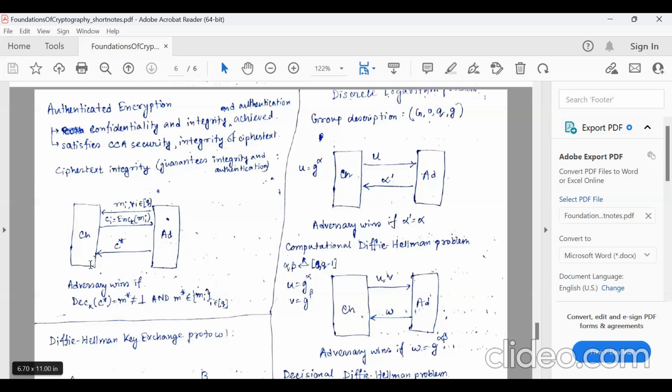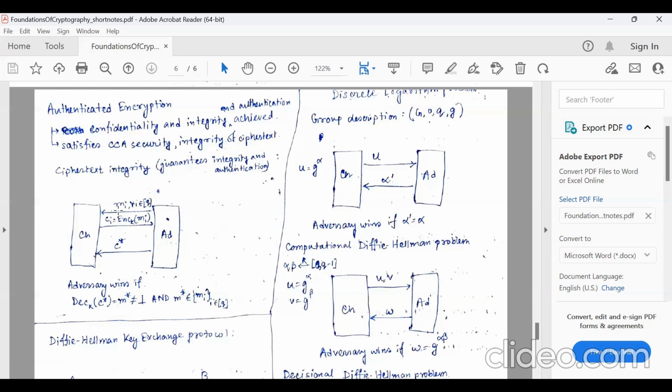That is, decryption of C star under the same key K should not be bottom or an invalid message. It should be a valid message in the message space, and also M star should not belong to any of the previously sent messages by the adversary.